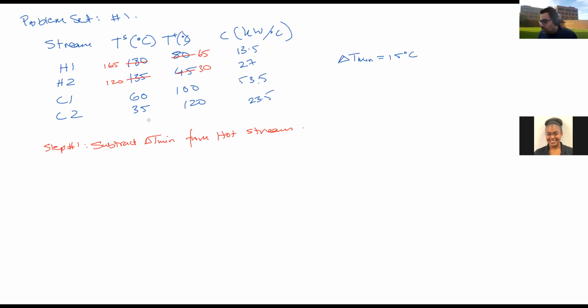Okay, so once we do this, the second step would be to define and identify your intervals, and basically list your temperatures from highest to lowest. So step 2.